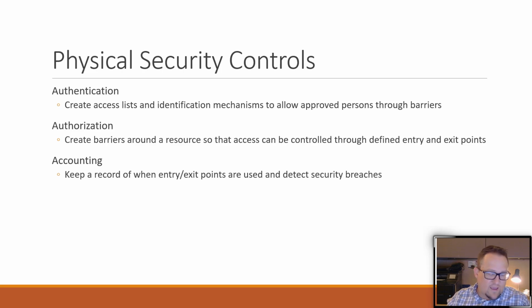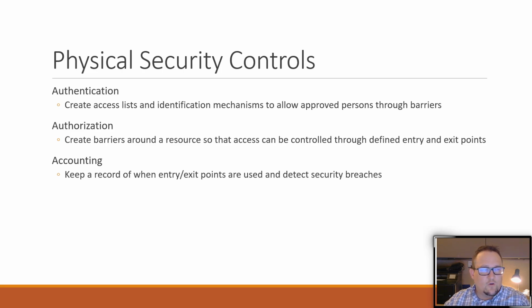So before we get into the actual, what I like to call physical security, let's talk about the application side of physical security. We still need to have authentication and authorization and accounting within our systems. So we need to make sure that when we're talking about physical security, we do the same thing. For instance, who do we allow through our gates? Who do we allow through our doors?